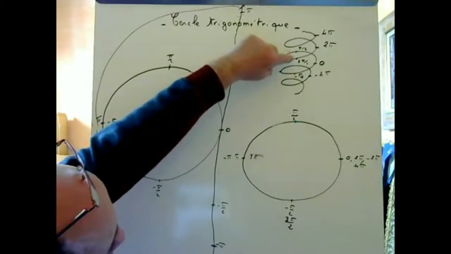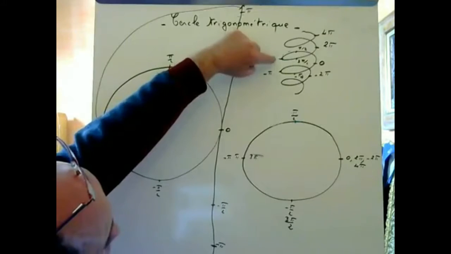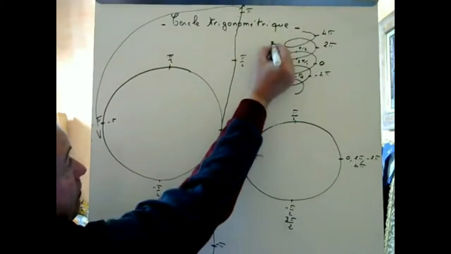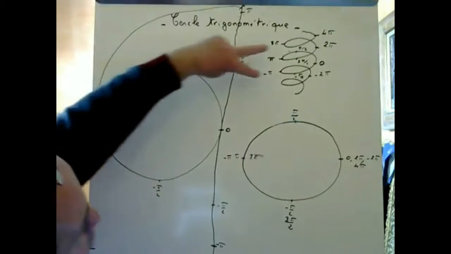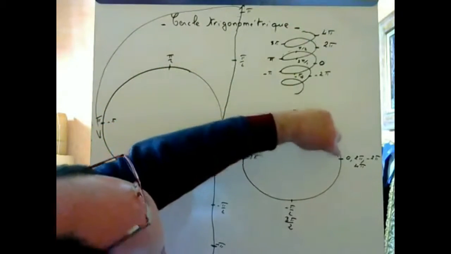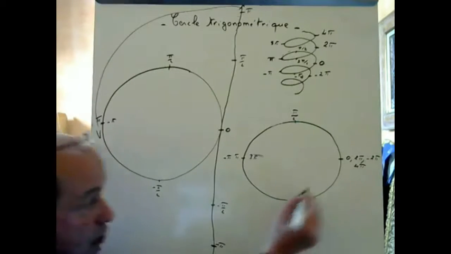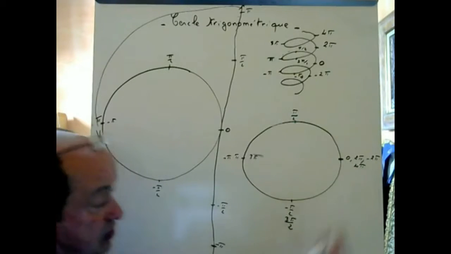Okay, to summarize everything, we have flattened the spring, and all these values are superimposed on top of each other. So pi, minus pi, 3 pi are all superimposed. Minus 2 pi, 0 pi, 2 pi, 4 pi are all superimposed so that they have the same position on the circle. And that's how we get a trigonometric circle.